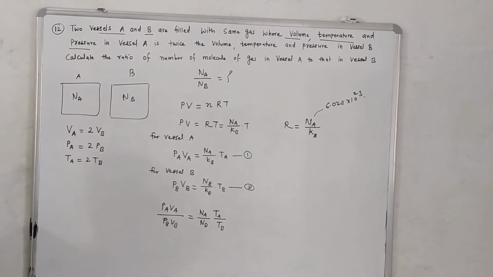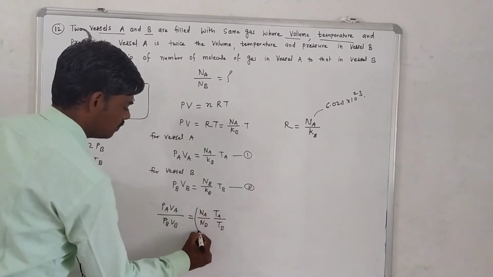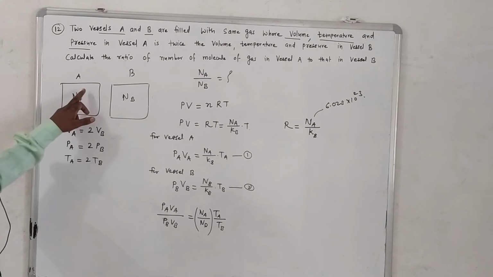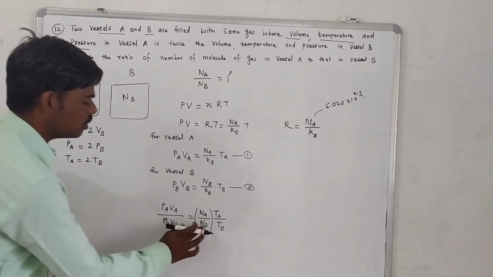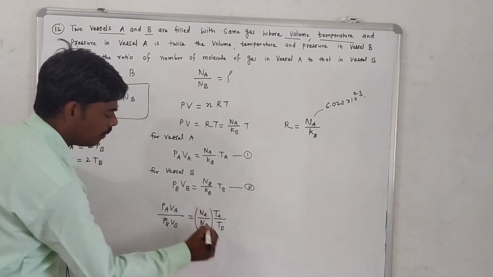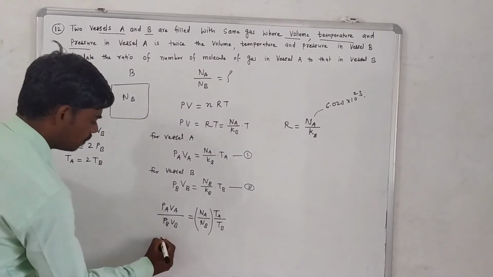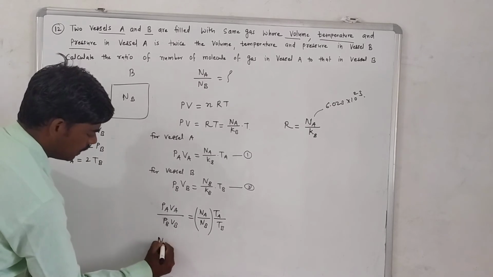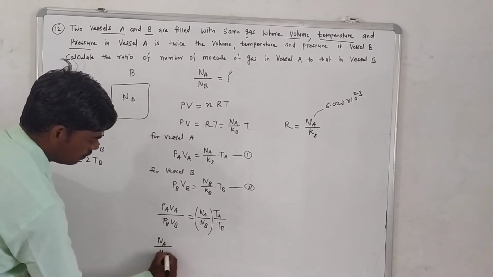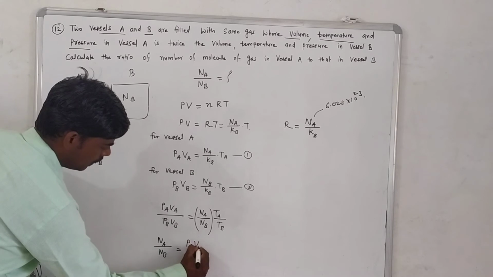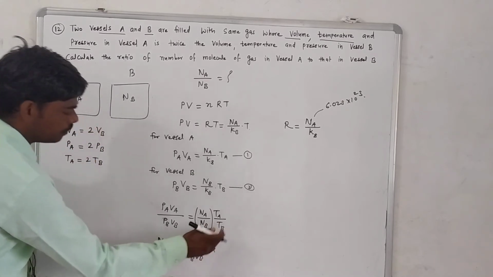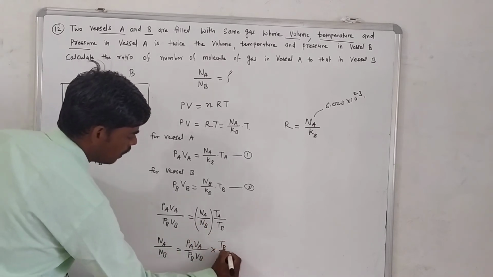Now this is the required result, Na upon Nb, the number of molecules in vessel A to the number of molecules in vessel B, which we have to find out. For that purpose shift this term, so we get Na upon Nb equals Pa Va upon Pb Vb into Tb upon Ta.